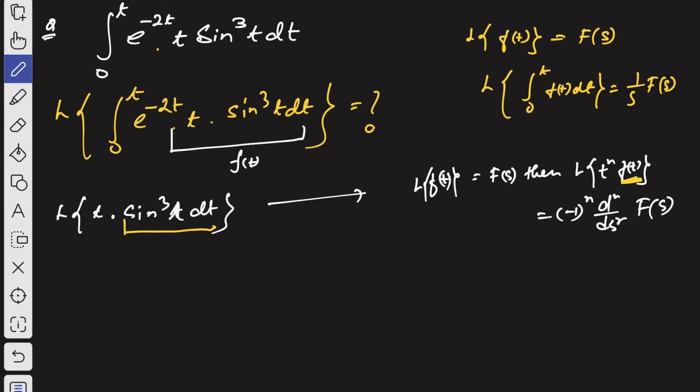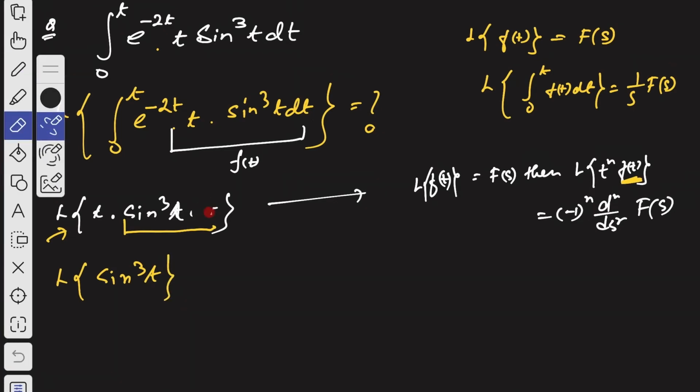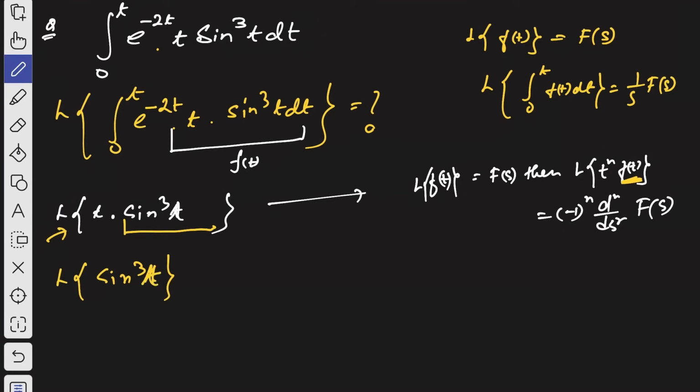So before we find the Laplace transformation of t sine cube t and the Laplace transformation of the integral of e to the power minus 2t times t sine cube t, we need to find the Laplace transformation of sine cube t. So here dt should not be written.